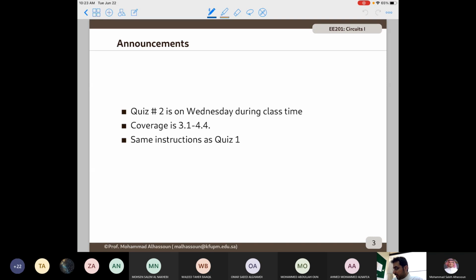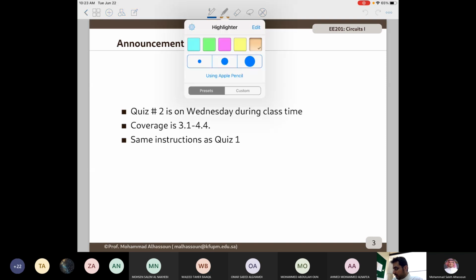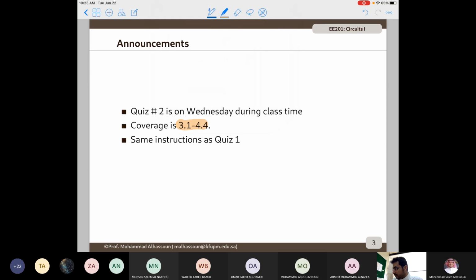As far as the material, it's going to be 3.1 to 4.4. What I mean is anything from 3.1 to 4.4 that's part of the syllabus. So this excludes 3.5, 3.6, I think 3.7.